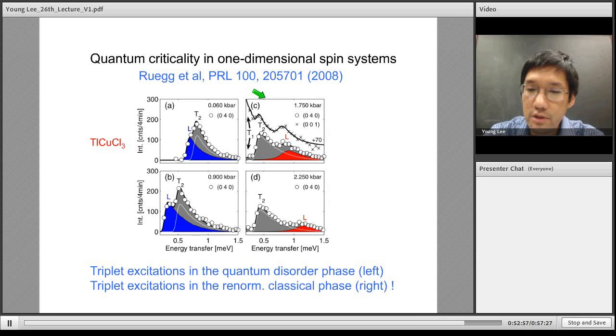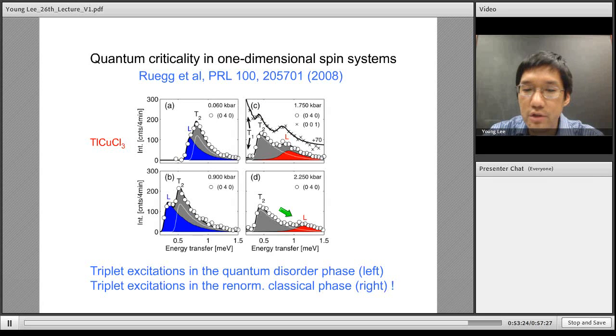This is your Goldstone boson, and that's this T1 that they point out here. But they do have some spin anisotropy, which can give you a gap, which is T2, as shown here. And you see that this T2 does not change with going to higher pressure, but they have this other feature, which they call the longitudinal mode, which changes with pressure.